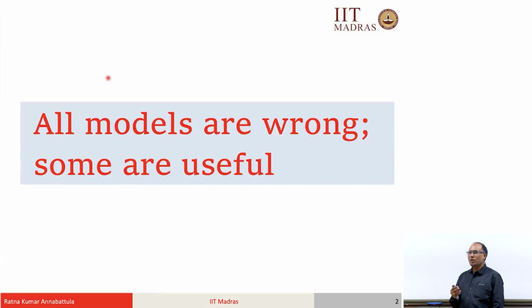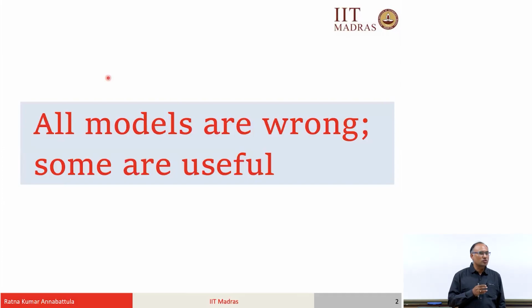By definition, all models are wrong because they will not be able to represent the actual physical system accurately. There is some level of assumption involved. Although they are wrong in the sense that they cannot represent the physical system completely, they are useful.